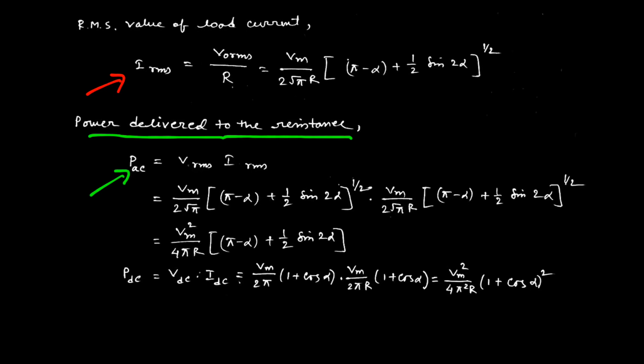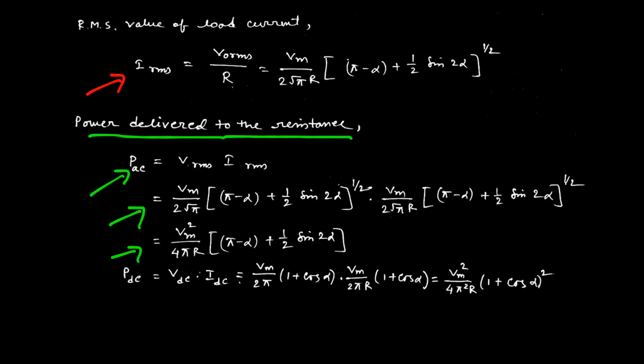We have already explained V RMS and I RMS, so we just put in the values: Vm by 2 root pi, under root of pi minus alpha plus 1 by 2 sin 2 alpha, and I RMS, Vm by 2 pi R under root of pi minus alpha plus 1 by 2 sin 2 alpha. After calculating this expression, we have Vm square by 4 pi R into pi minus alpha plus 1 by 2 sin 2 alpha.